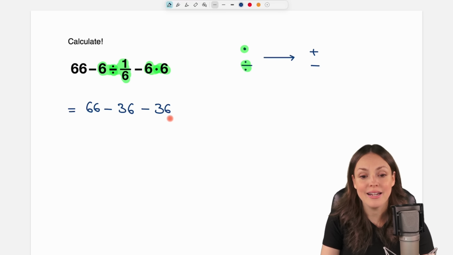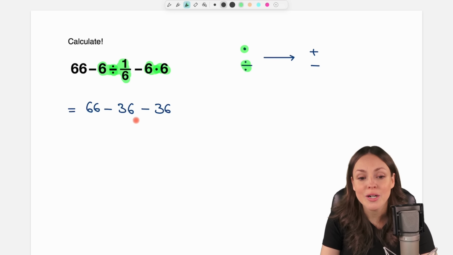Now, we don't have any multiplication or division symbol in here anymore, so now we are allowed to take a look at plus and minus. We have a minus symbol here, another one here, so we can decide in which order we want to calculate this here now. You can start from left to right, or if you prefer it, from right to left, or you can even start here in the middle if you think this is better.